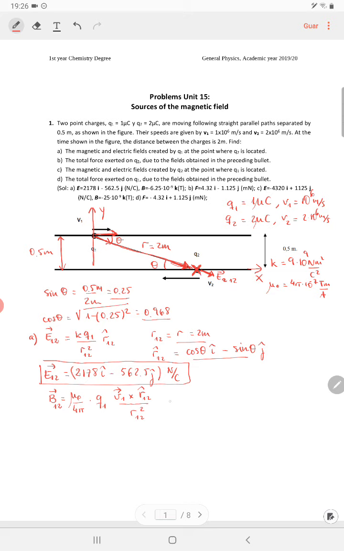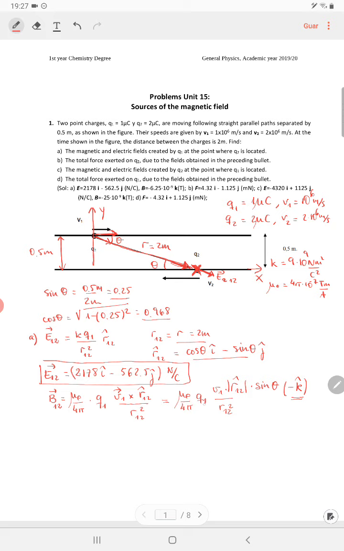So the magnetic field is going to be equal to mu sub 0 over 4 pi times q1 divided by r1 squared times v1 times the modulus of the unit vector, which is 1, we know already, times the sin of the angle between both, which is theta, and this has to be multiplied by minus k, because we've just derived that this has to go into the screen, and that's how I derived this direction.